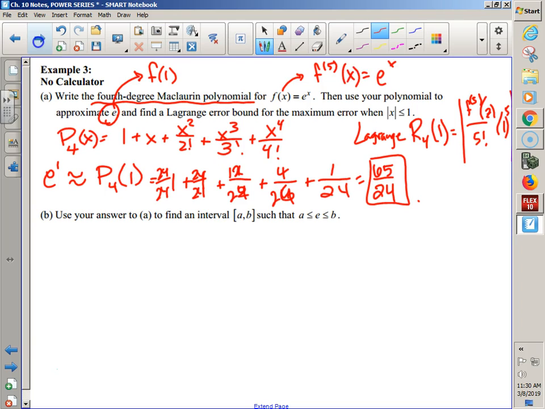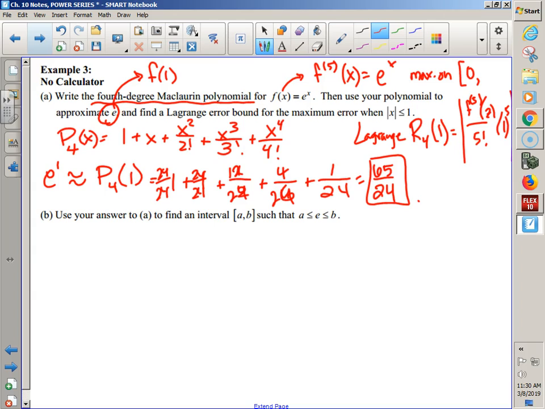What's the 5th derivative? A lot better than either of the ones that you two had to suffer through, and they're awful derivatives. It's just e to the x, e to the x, e to the x. Oh, so wait a minute. What's the maximum? Hold on. I need to maximize this guy on what interval? Who's my C?